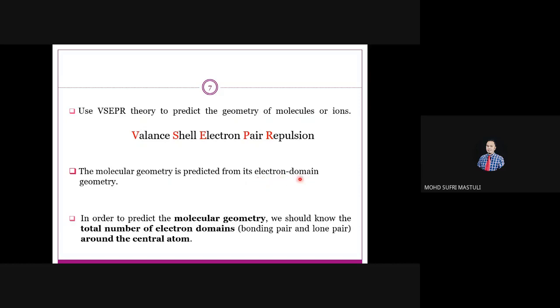The electron domain is the combination between the bonding pair of electron plus lone pair of electron. In order to predict the molecular geometry, you should know the total number of electron domains, as I mentioned before. The electron domain is a bonding pair plus lone pair around the central atom.